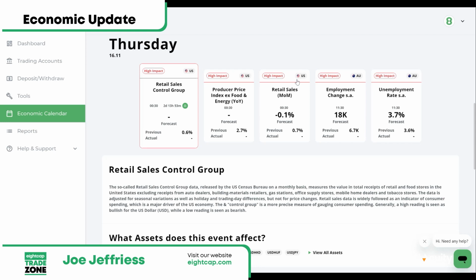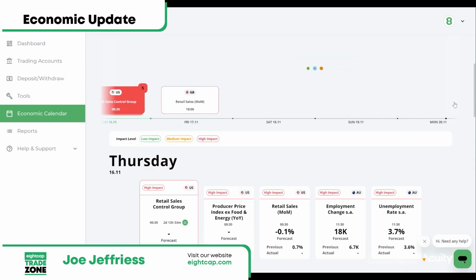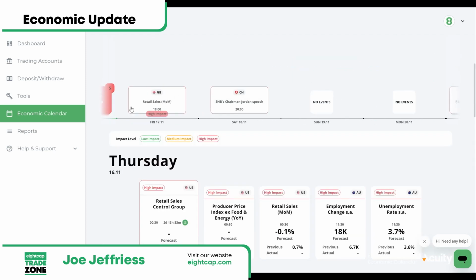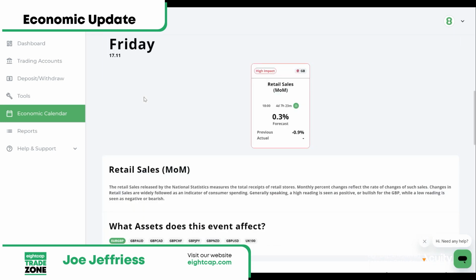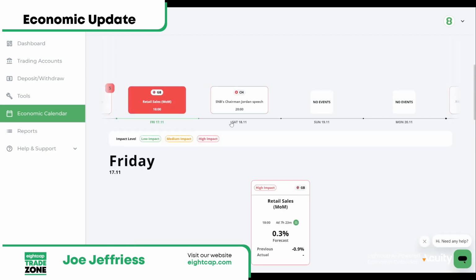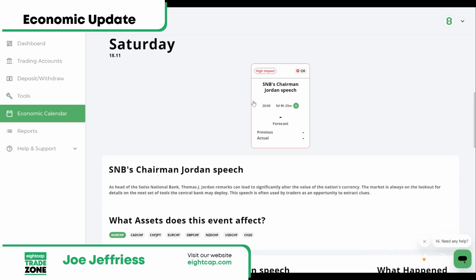Now moving into Friday to wrap up the week, there are a couple of things coming out. There's retail sales coming out from the UK, looking for 0.3%. And then into Saturday, the Swiss National Bank chairman has a speech, and that will sort of wrap up the week.